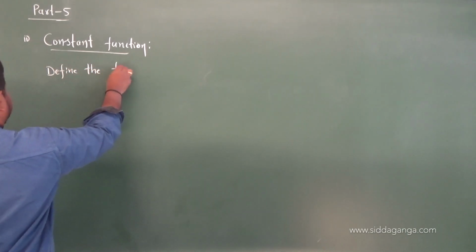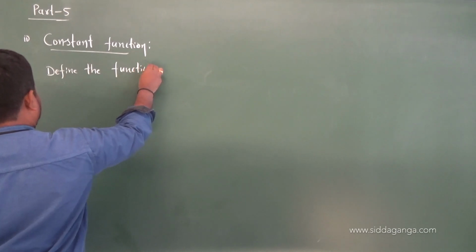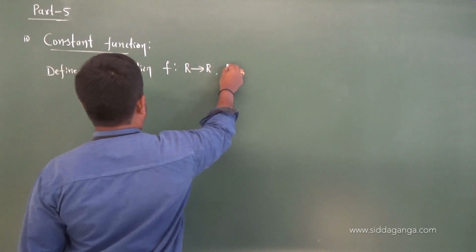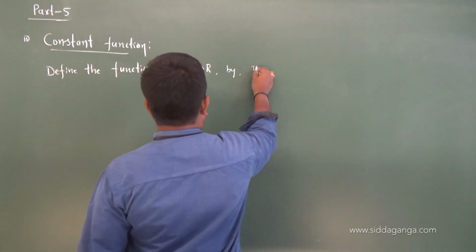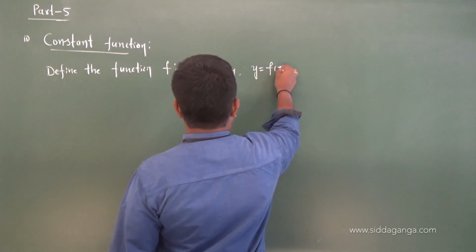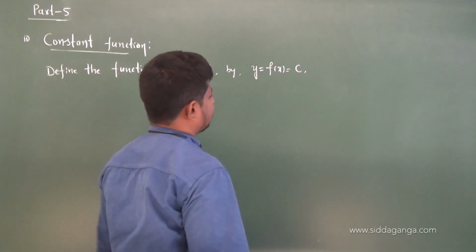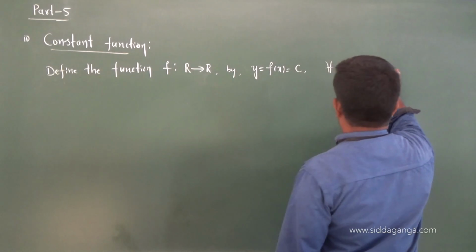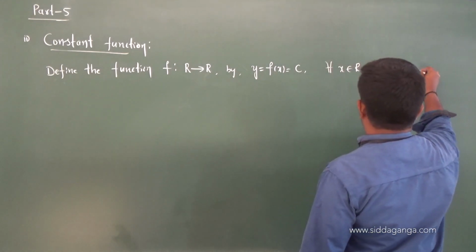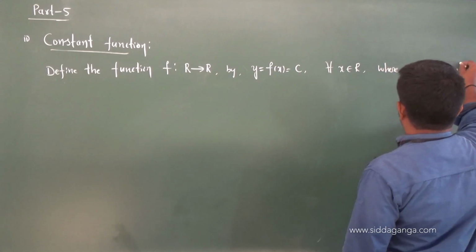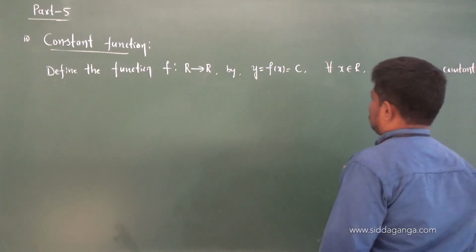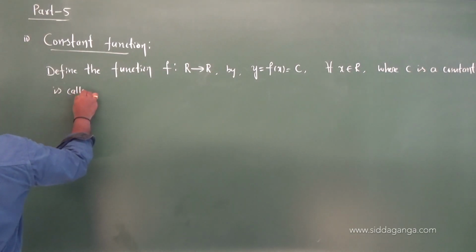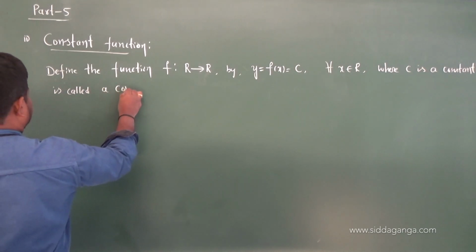Define the function f from R to R by y is equal to, or f of x is equal to C, for all x belongs to the real numbers, where C is a constant, is called a constant function.